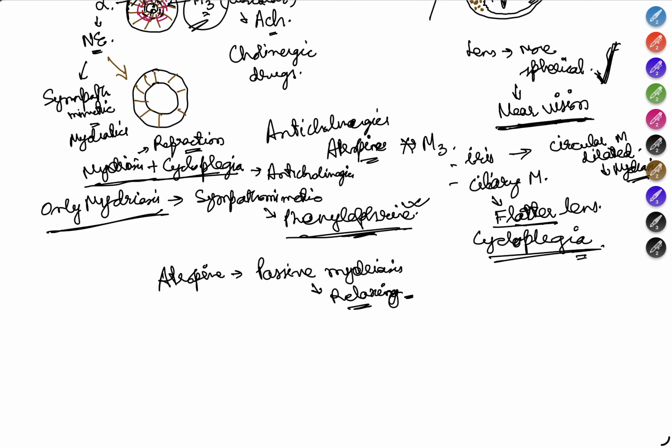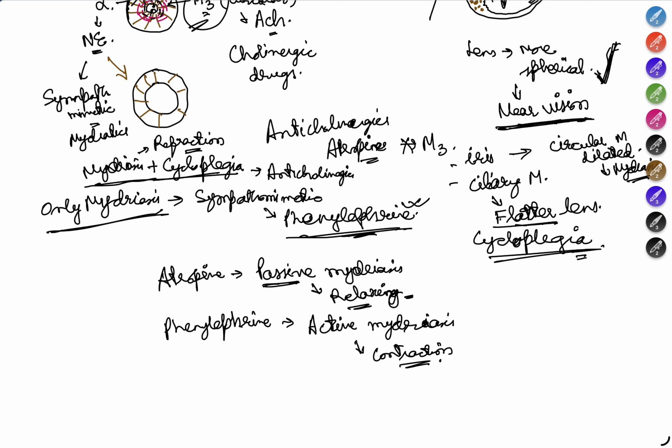So relaxation of a muscle which is causing mydriasis, that is why it is called passive mydriasis. While in case of phenylephrine or sympathomimetics, the type of mydriasis which you can see is called active mydriasis. Okay, so active mydriasis will be seen because there is an active contraction of the dilator muscle or the radial muscle of the eye.